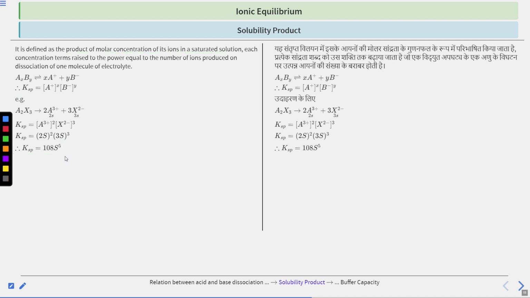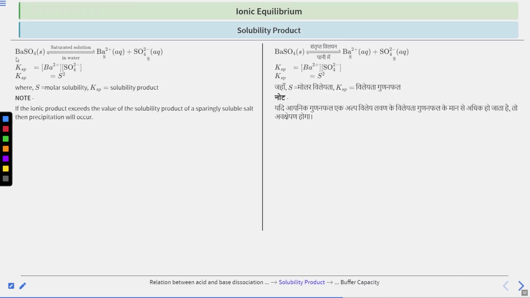Now, let's suppose this is a reaction of BaSO4 in a saturated solution in water, giving us Ba2+ plus SO4 2-, in the aqueous solution. Let's suppose the solubility of Ba2+ is S and SO4 2- is also S. Now Ksp will be the Ba2+ concentration multiplied by the SO4 2- concentration, so it will be S times S, because S is also the solubility for SO4 2-.